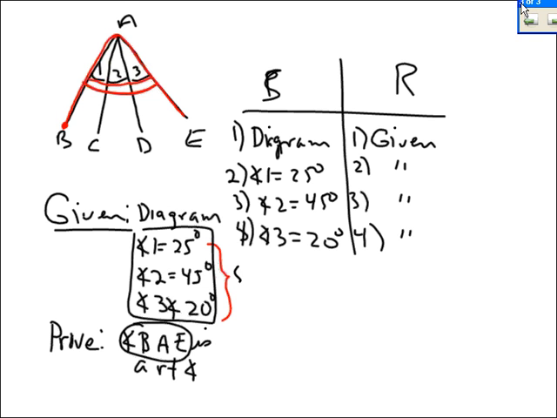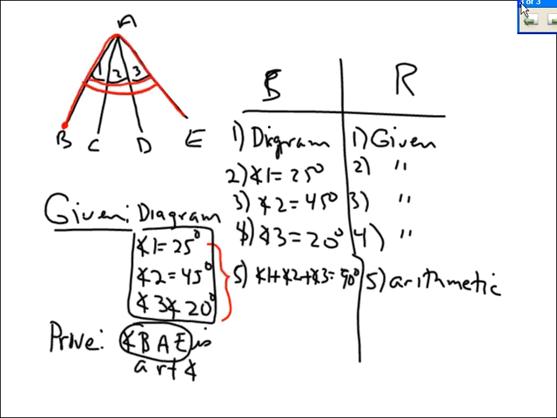Now you say statement 5: angle 1 plus angle 2 plus angle 3 is equal to 90 degrees. Now, for your reason, I don't know, arithmetic. For arithmetic, I added, addition. Now, number 6.